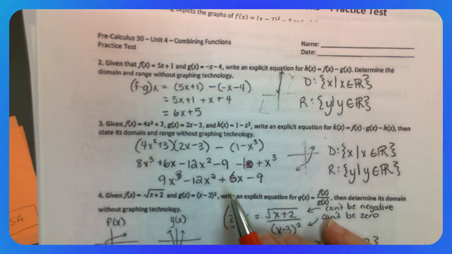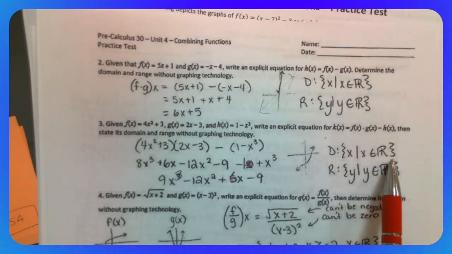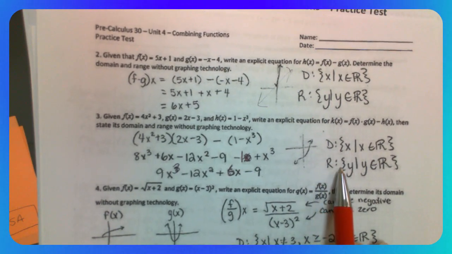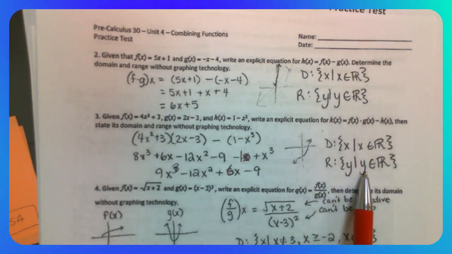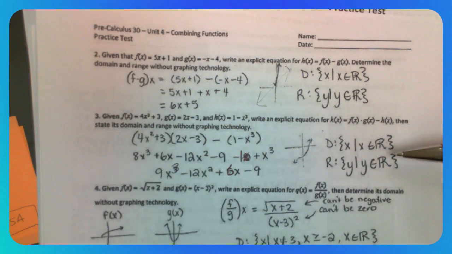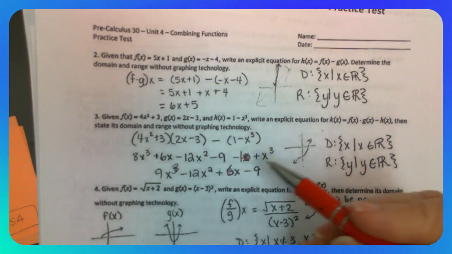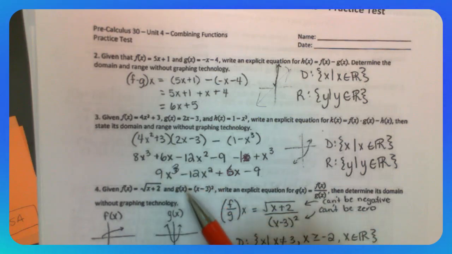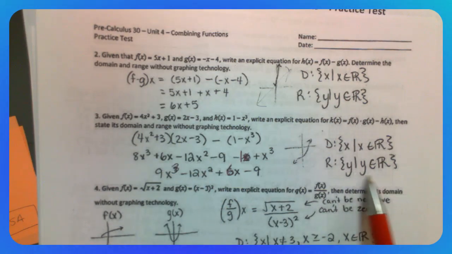All right, our domain, it's a cubic, is the set of all real numbers. And our range is y, such that y is an element of all real numbers. Check this as well, okay? Now, I know if it were quadratic, y would have a restriction.